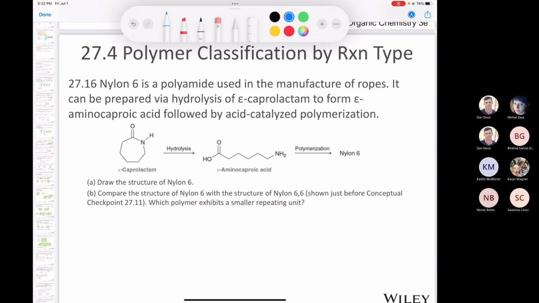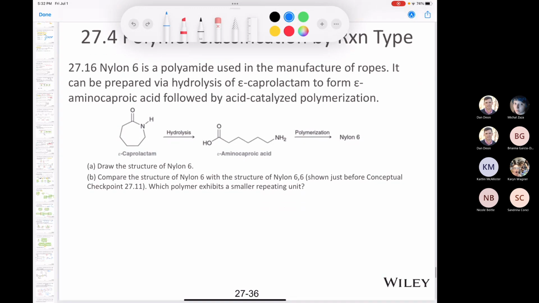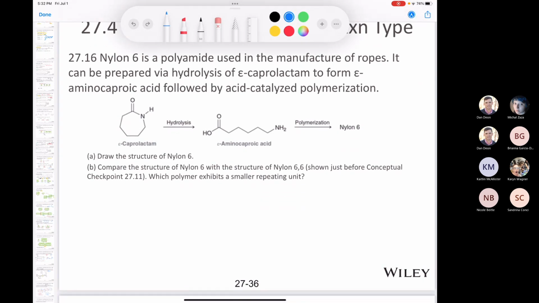It can be prepared by a hydrolysis of epsilon caprolactam to form epsilon aminocaproic acid, followed by acid catalyzed polymerization. So they basically take this molecule and break it apart to make this thing, and then you can make something called nylon 6. Okay, it says draw the structure of nylon 6 and then compare the structure of nylon 6 with nylon 6,6 that we looked at just a while ago. And then it says which polymer exhibits a smaller repeating unit.